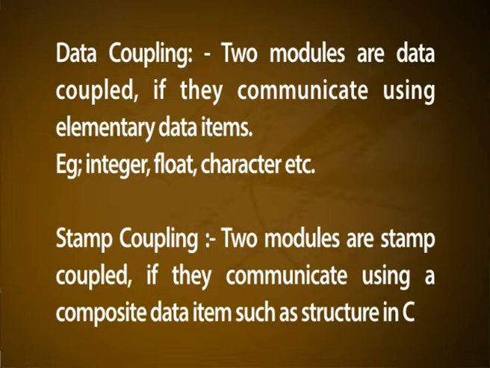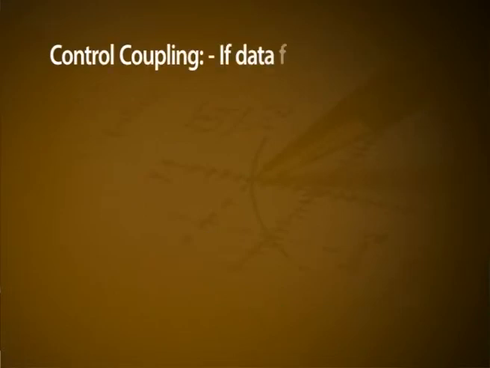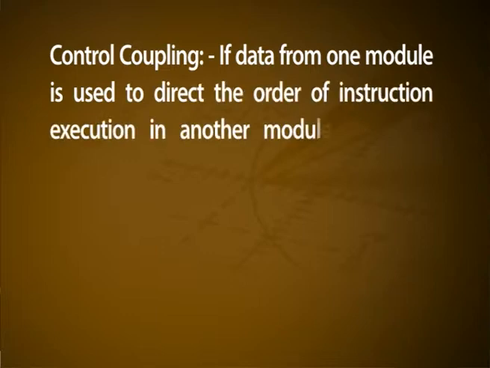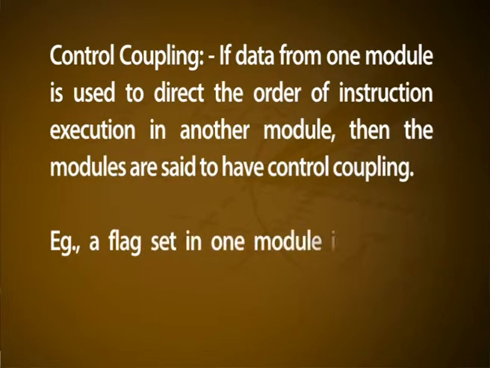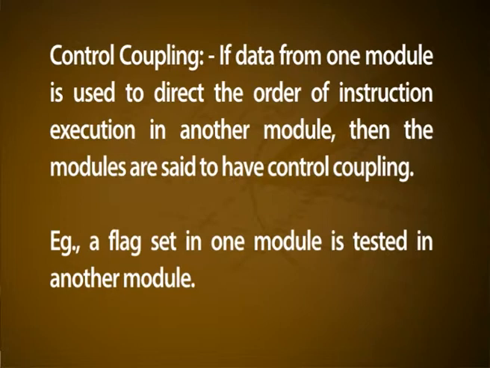Two modules are stamp coupled if they communicate using a composite data item such as a structure in C. Control coupling. If data from one module is used to direct the order of instruction execution in another module, then the modules are said to have control coupling. For example, a flag set in one module is tested in another module.